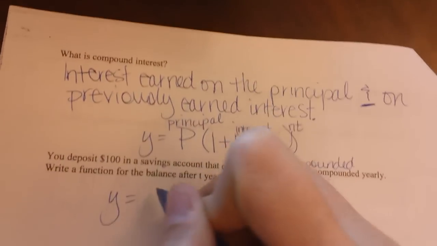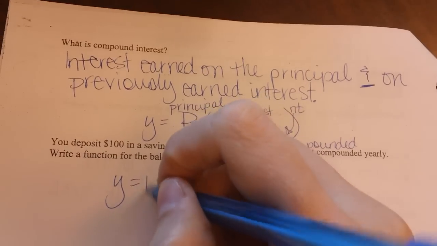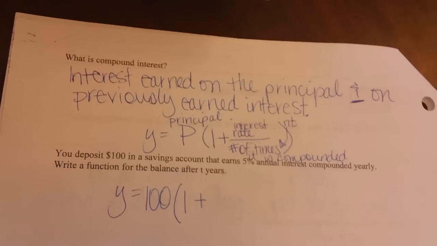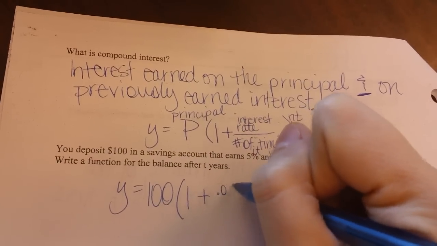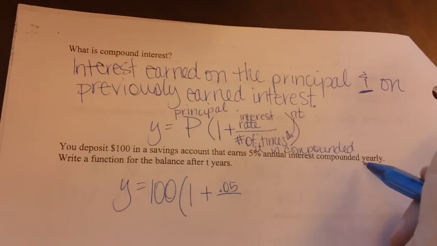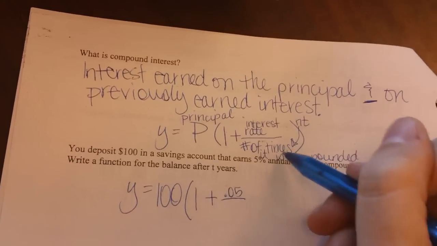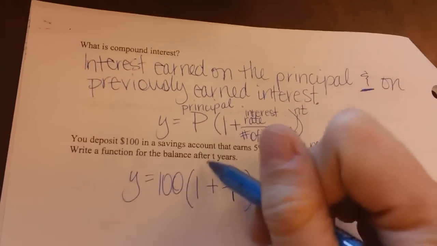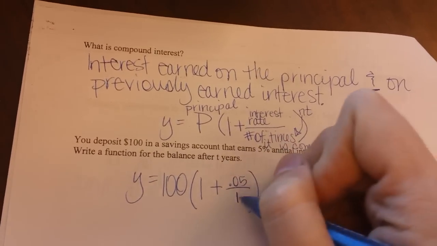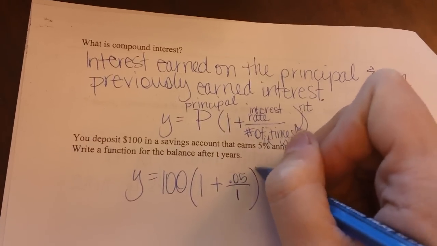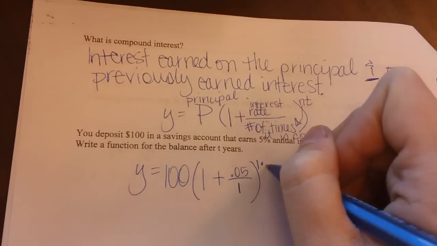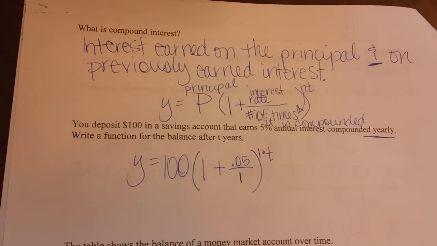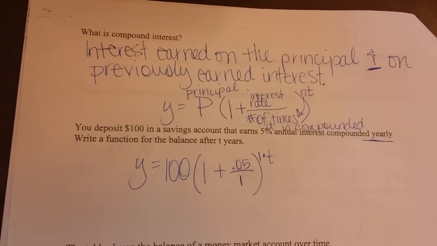So y equals, the principal amount is the $100. And then the interest rate is 5%, so 0.05. The interest is compounded yearly, so the number of times it's compounded is 1 time per year. After t years, so this number and this number are the same, so that's 1 times t, because we don't know how many years we're talking about.